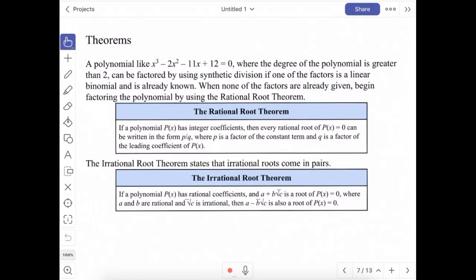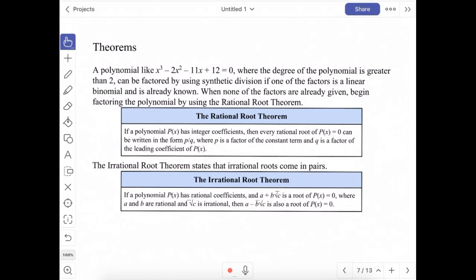All right, now this is the tricky part. It's the rational root theorem. A polynomial like x cubed minus 2x squared minus 11x plus 12 equals 0, where the degree of the polynomial is greater than 2, can be factored by using synthetic division if one of the factors is a linear binomial and is already known. When none of the factors are already known, begin factoring the polynomial by using the rational root theorem.